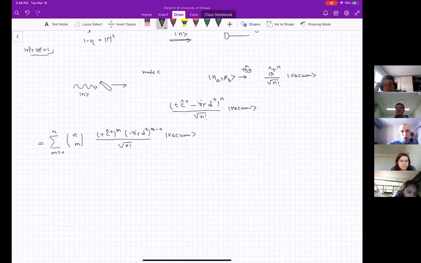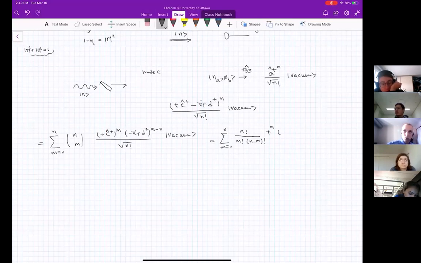Okay, then the result will be the summation of m equal to 0 to n. Let's simplify this. It will be n factorial divided by m factorial, n minus m factorial. Then the first one I have T to the power of m.